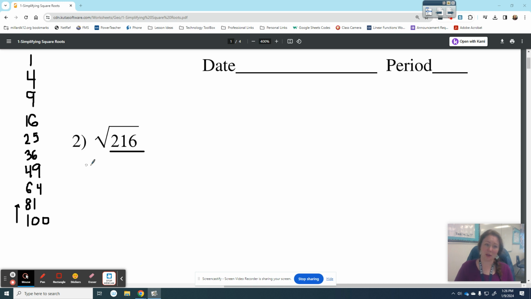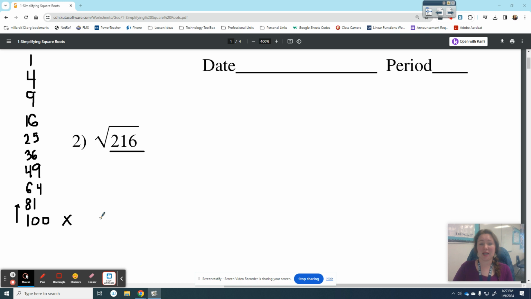So to correctly simplify, we have to find the biggest thing that it's divisible by. In my calculator, I'm taking just the number 216, not the square root, and I'm going to type in 216 divided by, the first number on my list, 100. 216 divided by 100. That's a decimal, so it's no good.